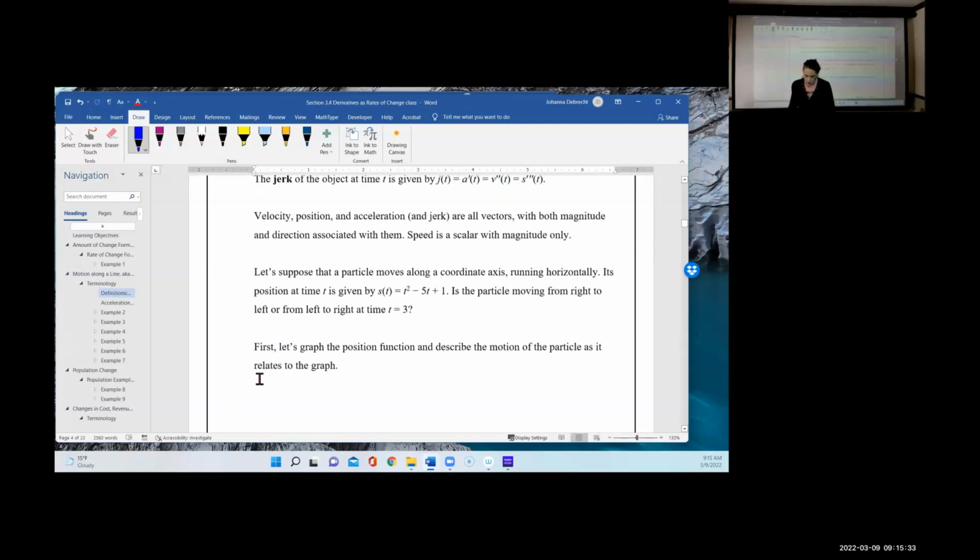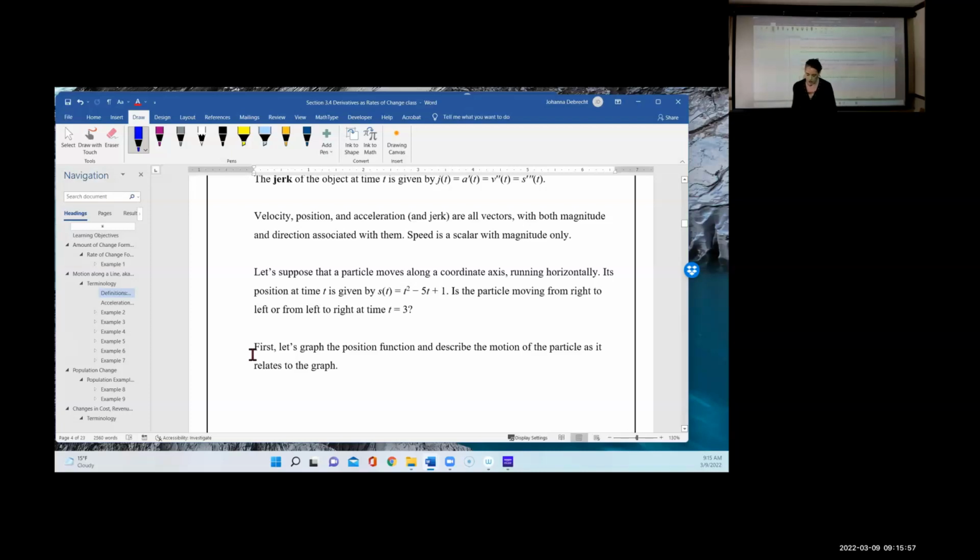Okay, so let's talk about this particular graph right here, t squared minus 5t plus 1. This is going to graph the position of a particle moving on a coordinate axis running horizontally. Its position is given by that, but the motion of the particle itself is back and forth.